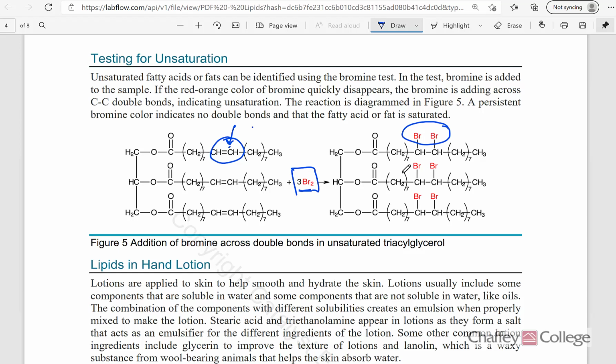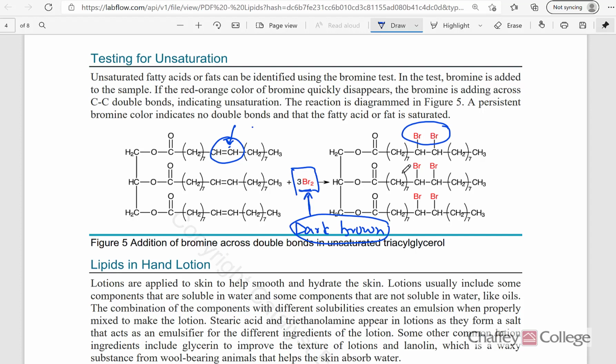Now, the beauty of this reaction is that it will show whether a double bond is present or not. Bromine itself is a dark brown or yellow color liquid, and the fatty acids are colorless.